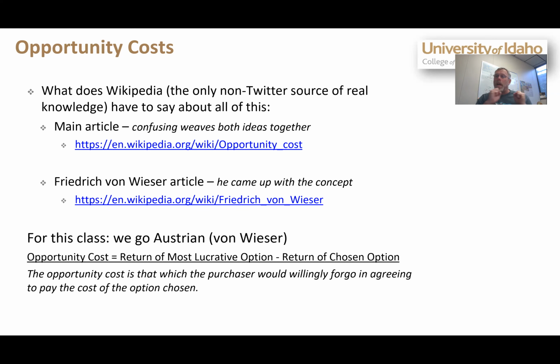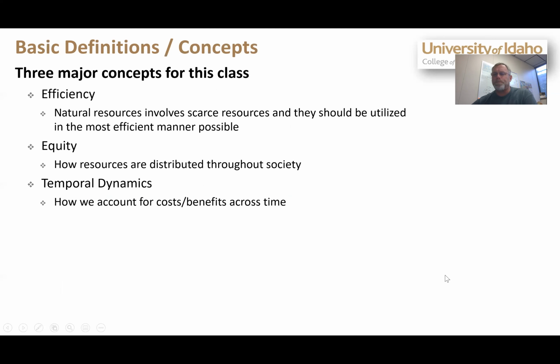Best option minus the option you chose. If you chose the best option, opportunity cost is 0, right? You made the best thing. There's no cost in that decision. That's how we're going to do it. This little equation down here is what we'll use, and they've moved that up to the top of Wikipedia. I didn't have any say in that, but anyways, that makes it much more clear in what I'm expecting from Homework 4.